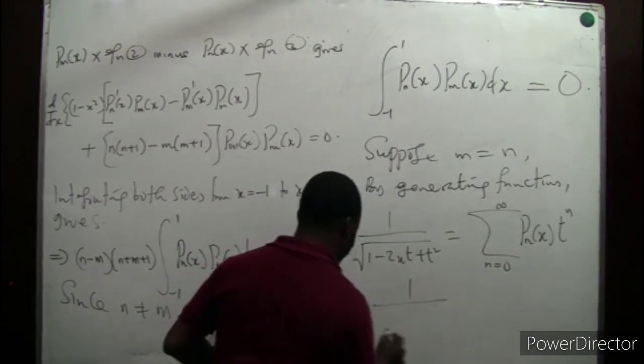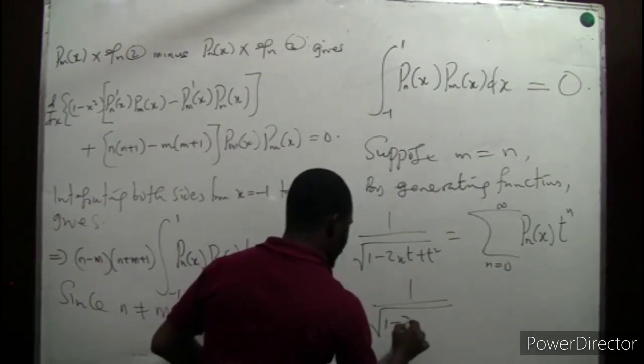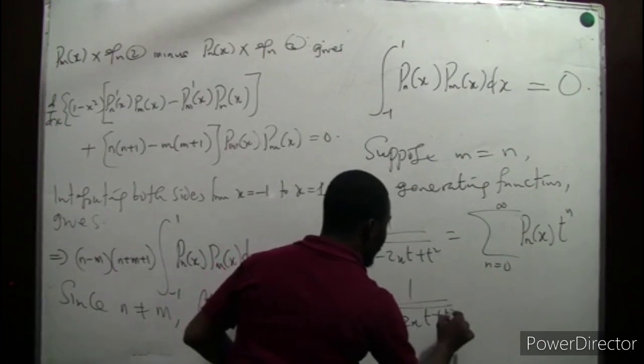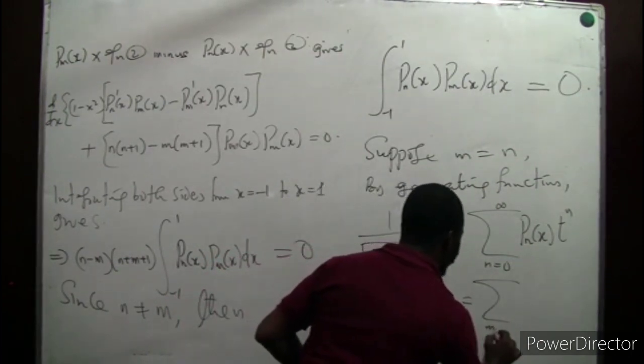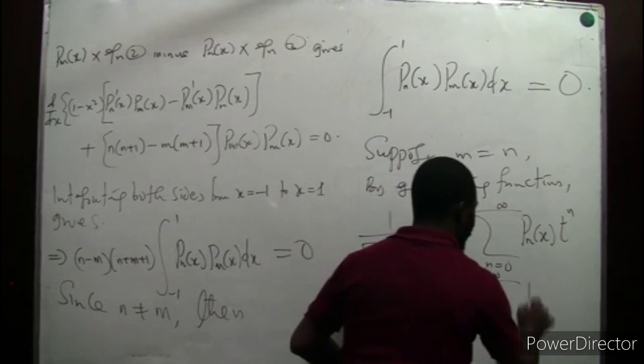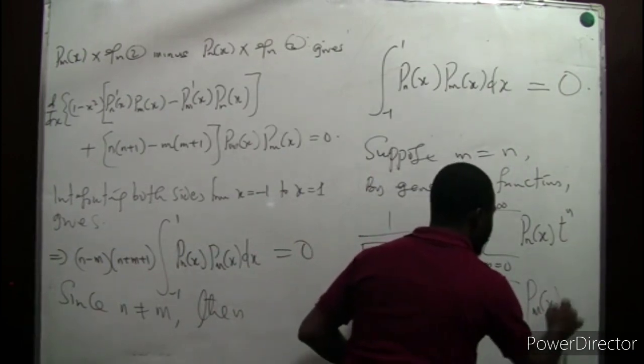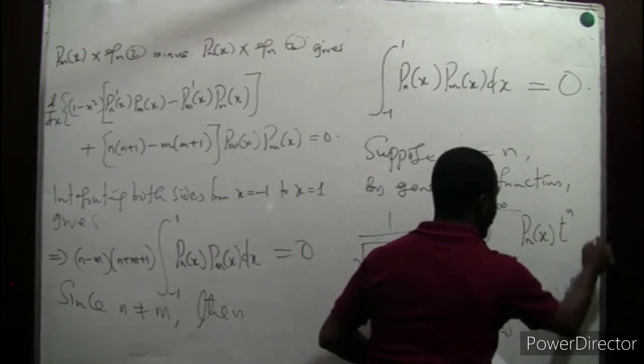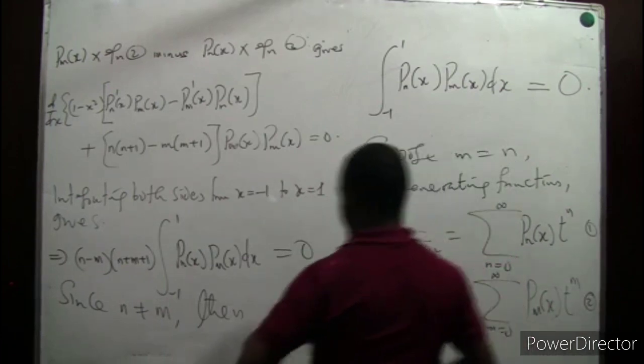Also, it will satisfy the second one: 1 over the square root of 1 minus 2xt plus t squared will also be the summation over m from 0 to infinity of Pm of x t raised to power m. Call this one 1, call this 2.